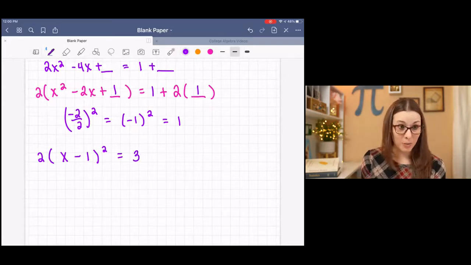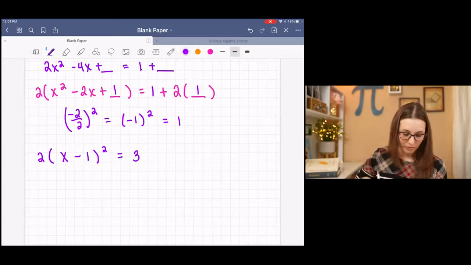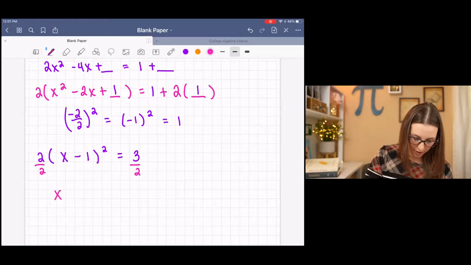Which at this point, this should look familiar. When we did solve by the square root property, we know exactly how to do this. So now we've gotten to a point that we can confidently complete the problem. We're going to isolate x by dividing by 2. So we have x minus 1 squared equals 3 halves.